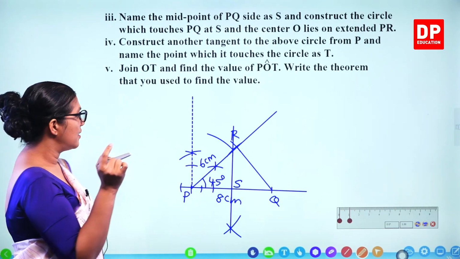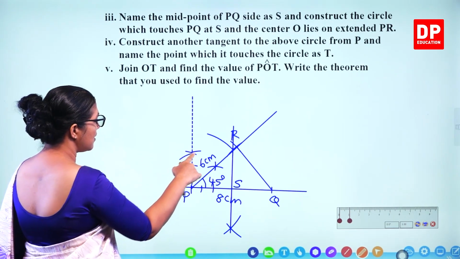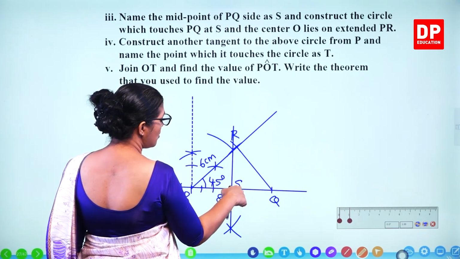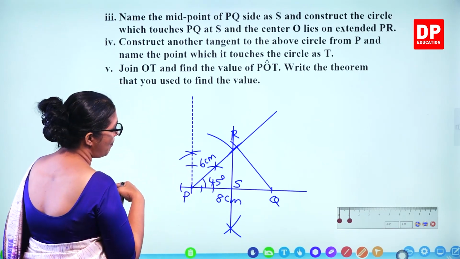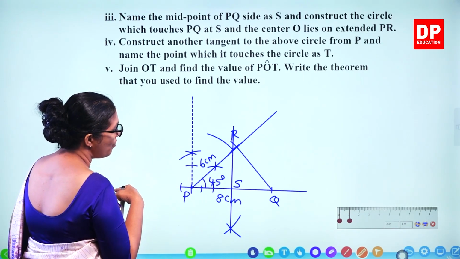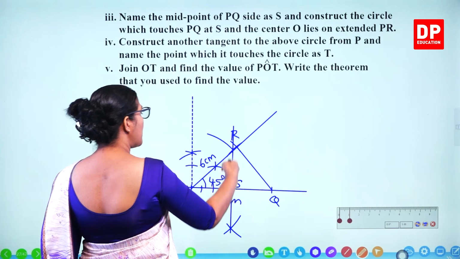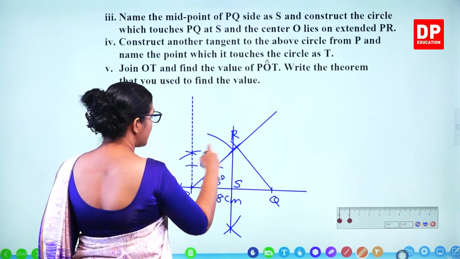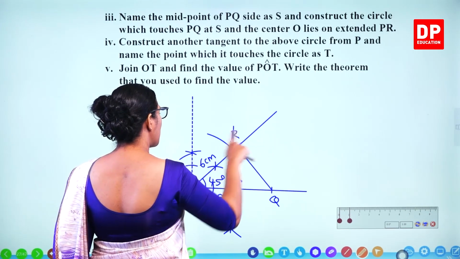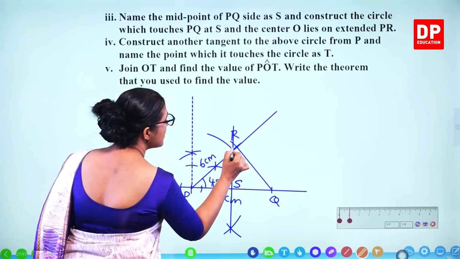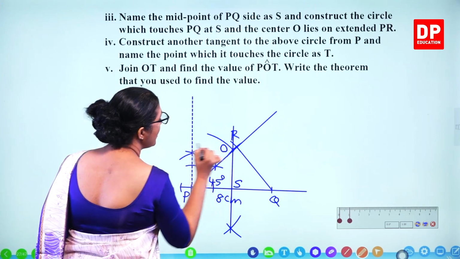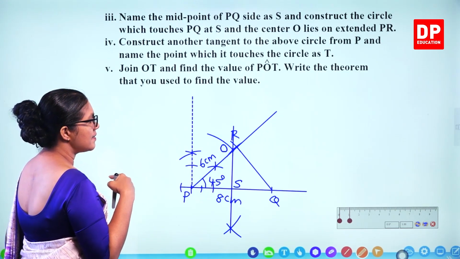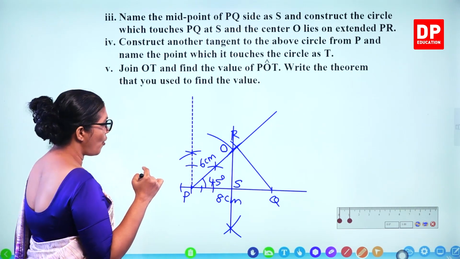construct the circle. So how we construct the circle? With the circle touches this PQ length at S. So that means the center should be on the perpendicular bisector as well as this line, PR line. So that means this should be the O point. The intersecting point of this line and the PR length is the O point.